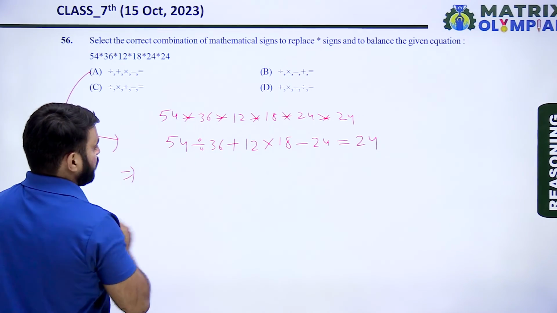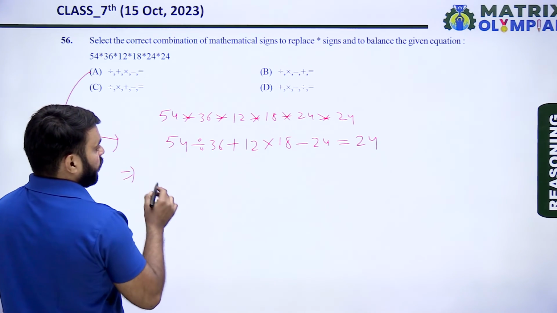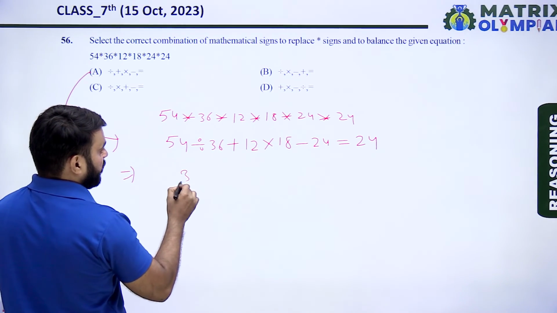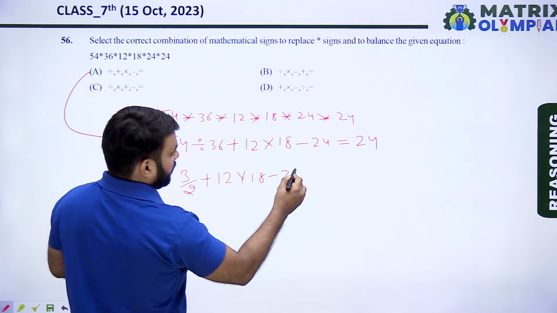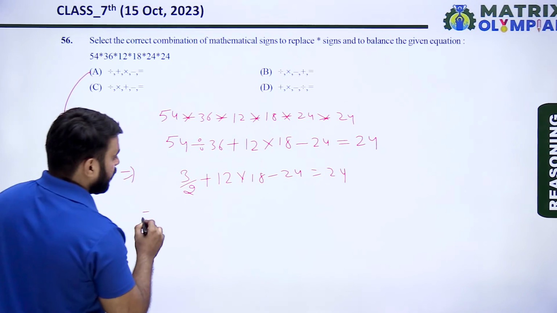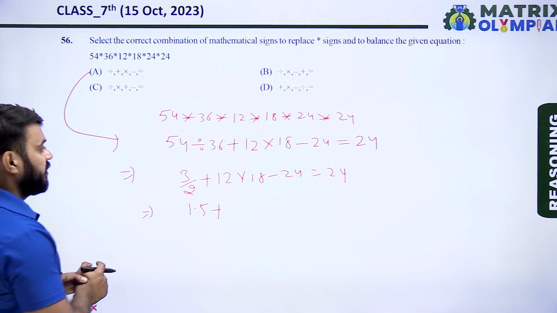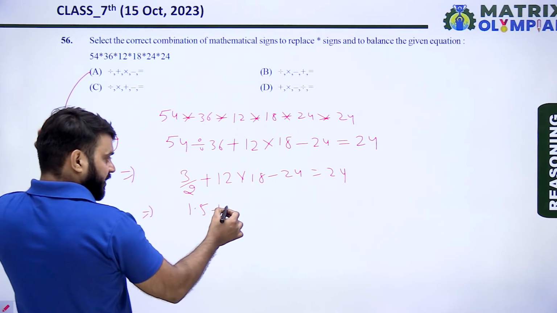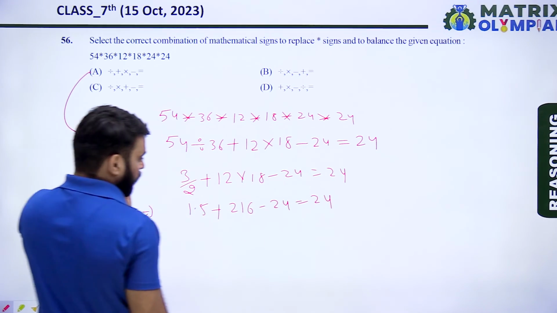So now using the BODMAS rule, 54 divided by 36, it means 3 by 2. Plus 12 into 18 minus 24 is equals to 24. 3 by 2, it means 1.5 plus 12 into 18. 12 into 18, it means 216 minus 24 is equals to 24.